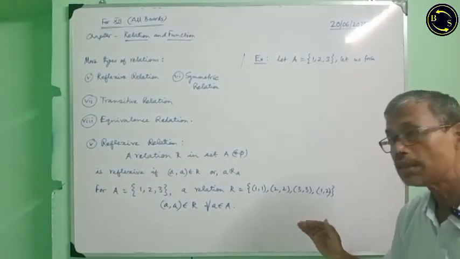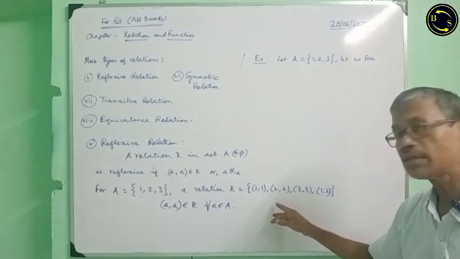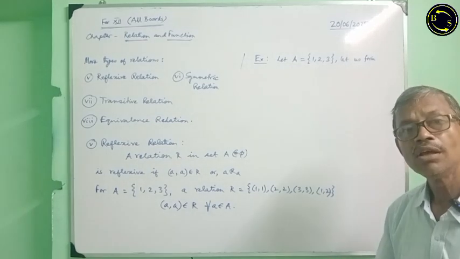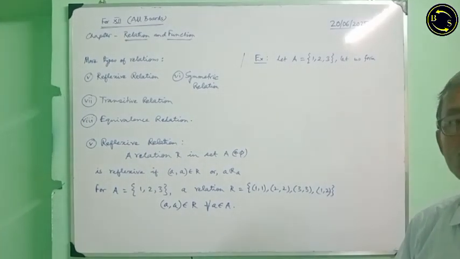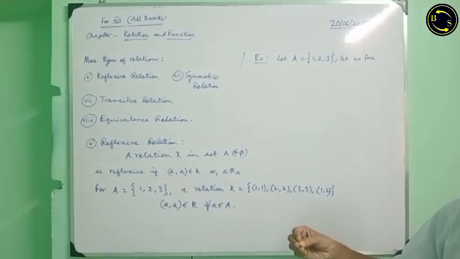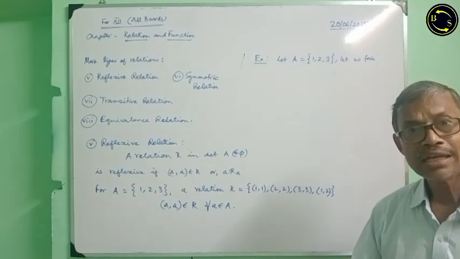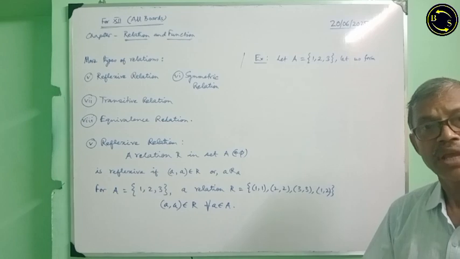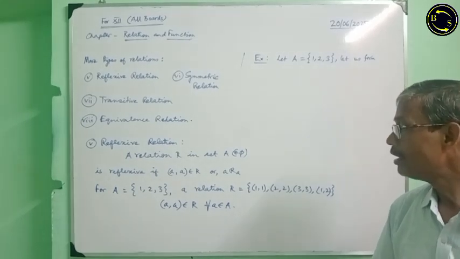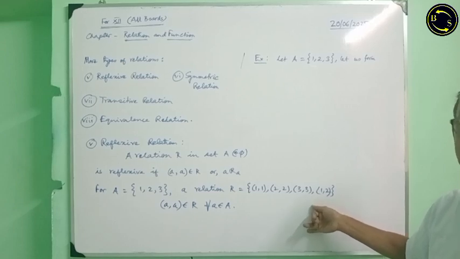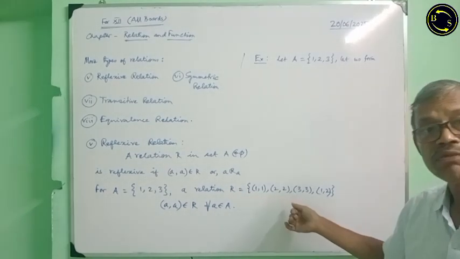Now you see there is a difference between a reflexive relation and an identity relation. In the case of an identity relation, only ordered pairs (a, a) will be there, no other extra member. But in the case of a reflexive relation, (a, a) will be there, and any other ordered pair may be there except (a, a). If you get any other ordered pair, that is (a, b), then this relation is reflexive.